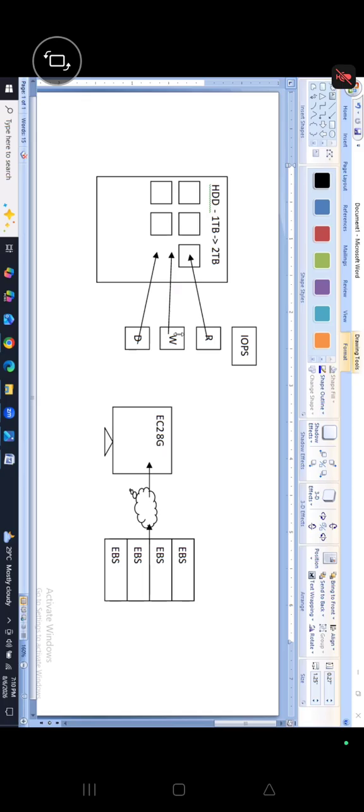IOPS means read actions, write actions, delete actions per second. For example, per second I am reading 4 MB data, I am writing 4 MB data, I am deleting 4 MB data. That is called throughput.